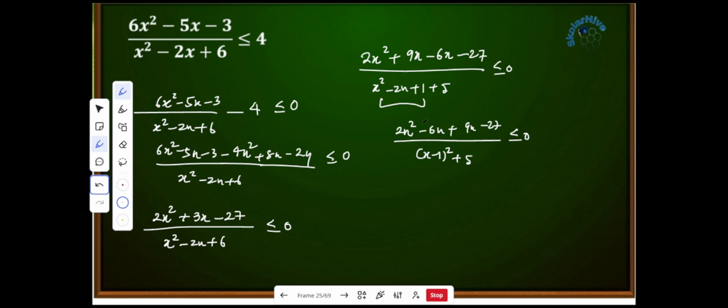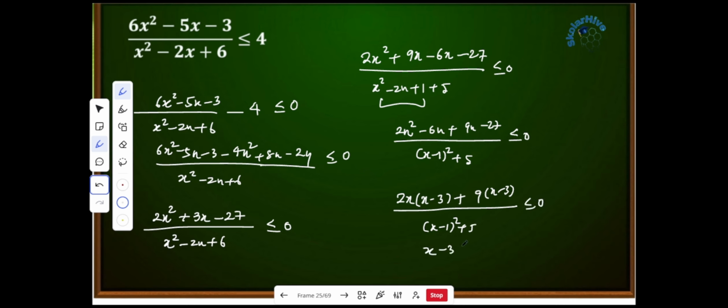Now once we take the common factor in the numerator, we get 2x(x − 3) + 9(x − 3), divided by (x − 1)² + 5, ≤ 0.